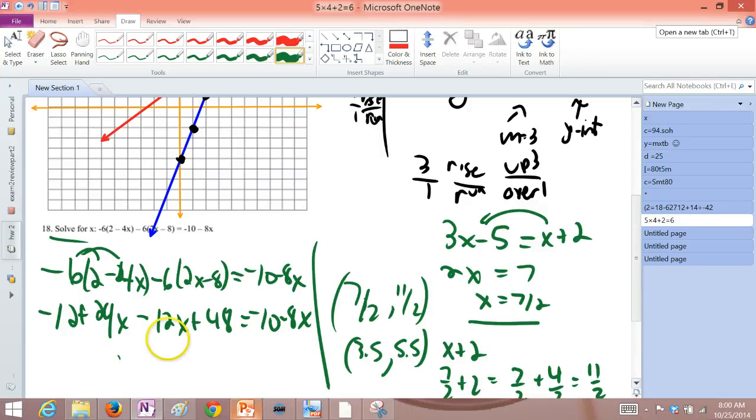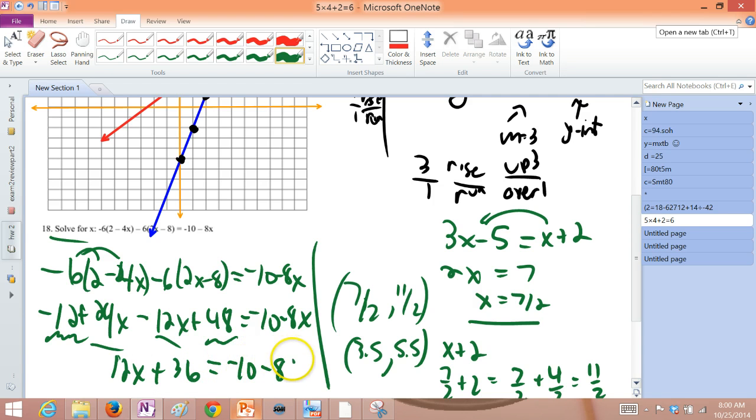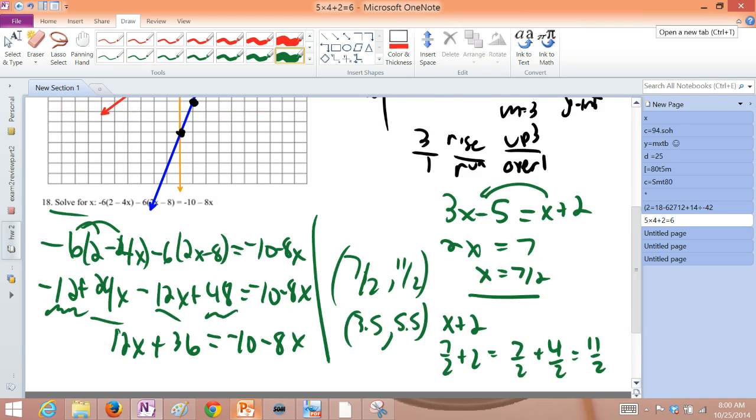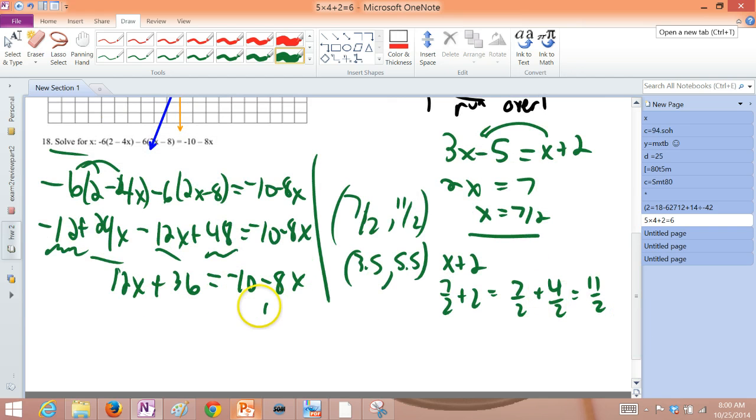So put the x's together and you get 12x. Put the numbers together and you get 36. Now we start to shift x's together on the same side: add 8x to both sides. That gives you 20x.